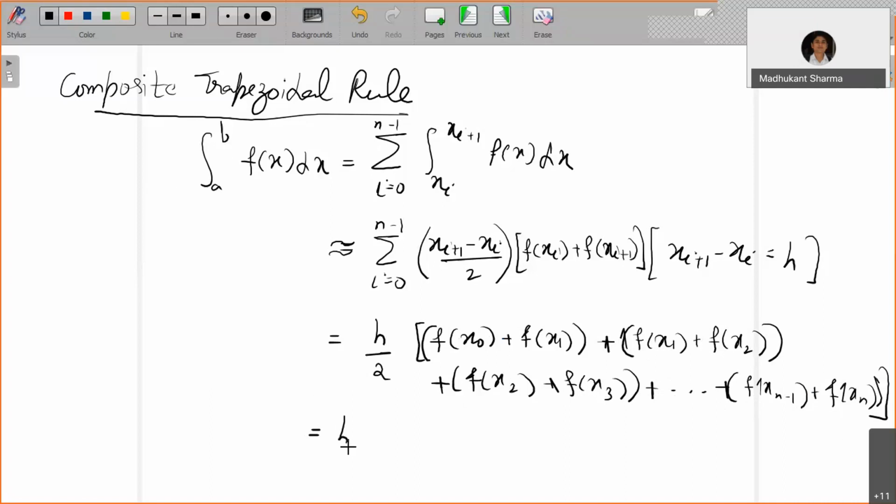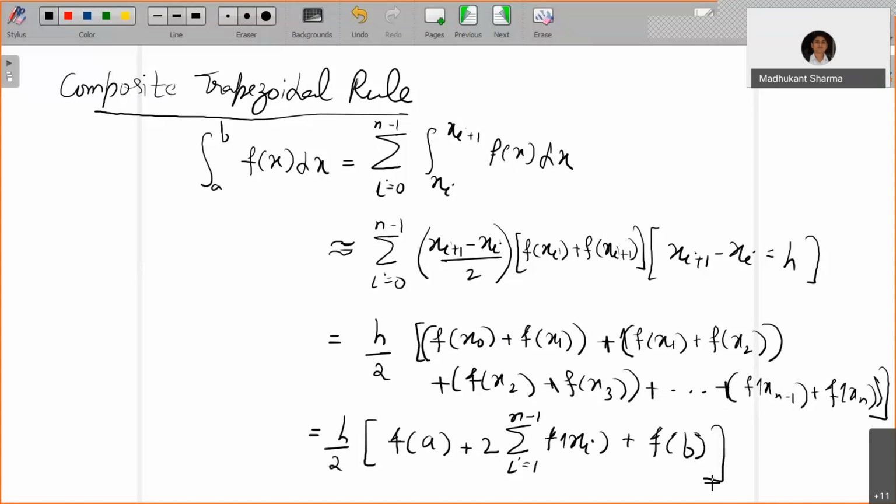So that will be equal to h by 2 times f of a plus 2 times the summation over the interior points, i equals 1 to n minus 1, f of xi, plus f of b.